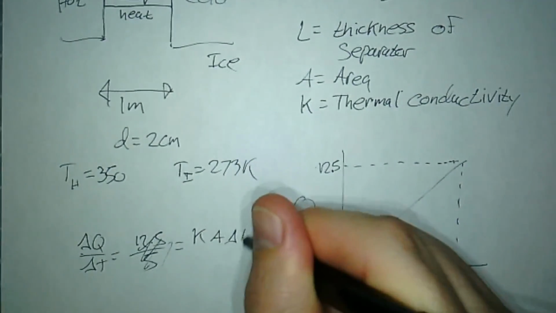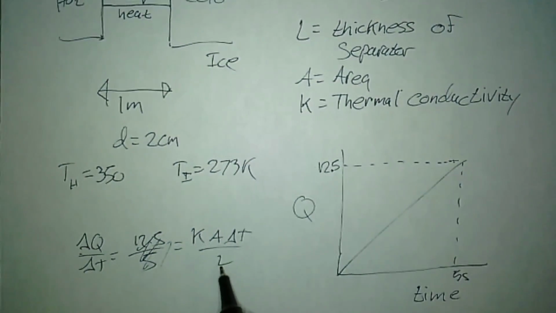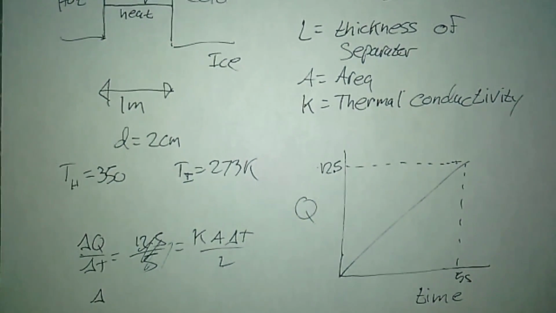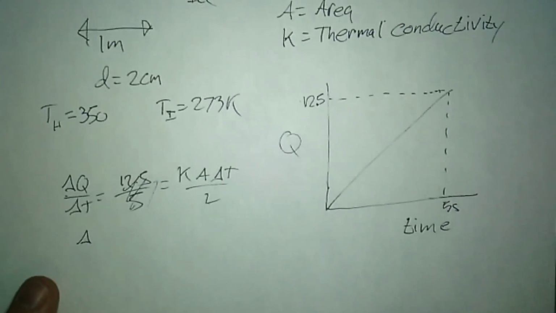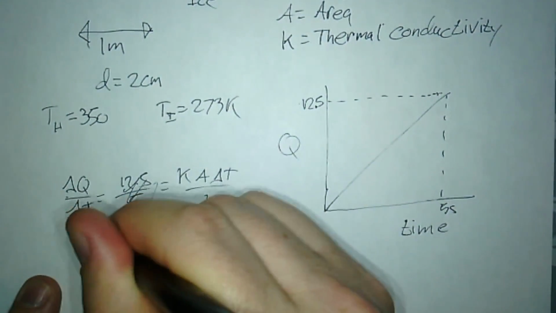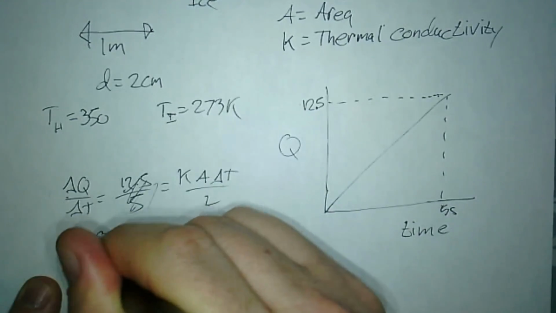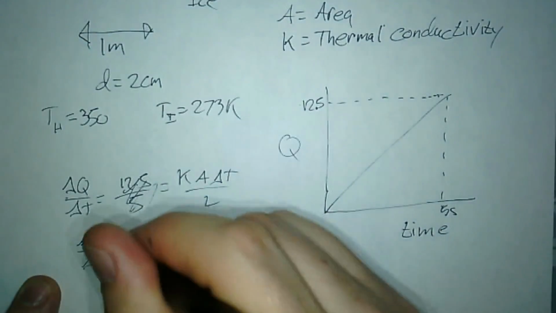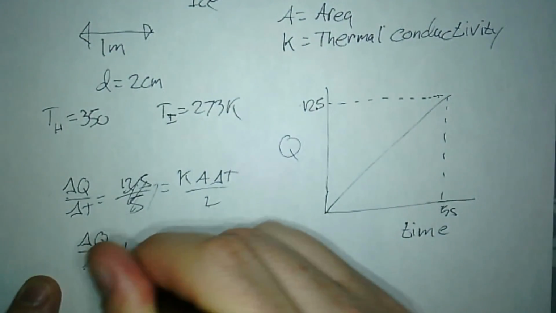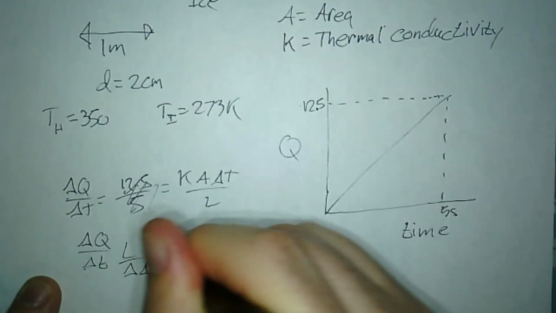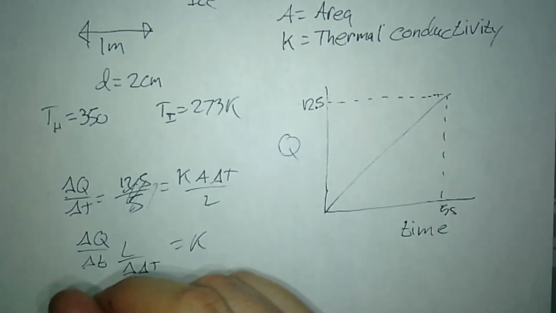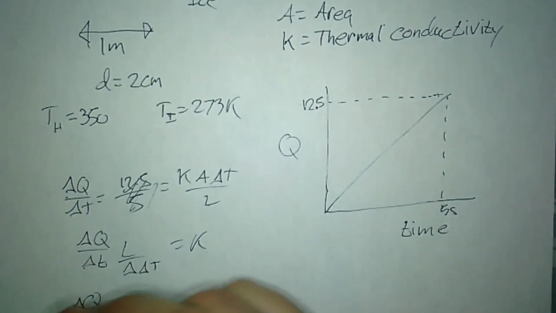K A delta T over L. So delta Q over delta T times L divided by A delta T equals K. So that's going to be my slope of my graph.